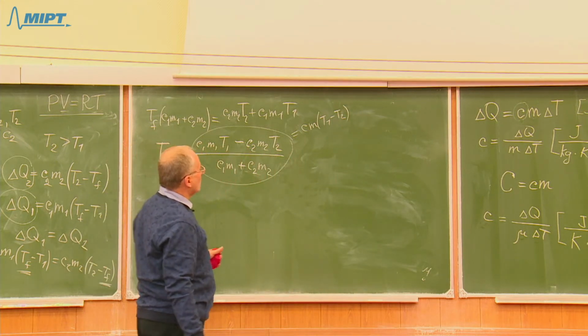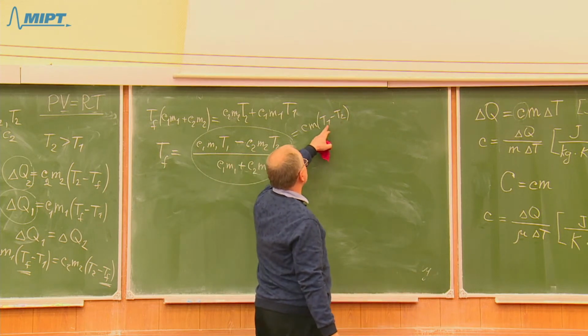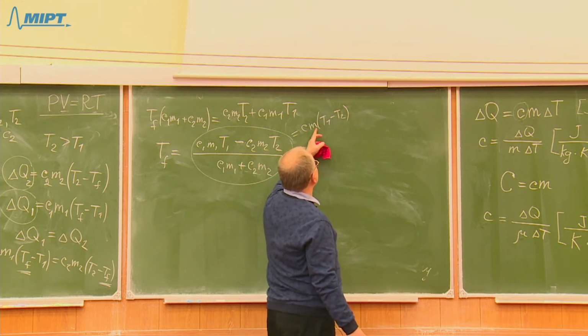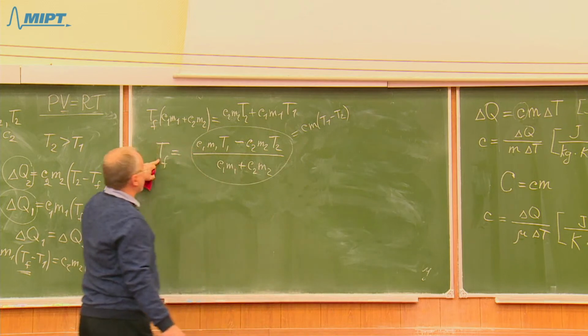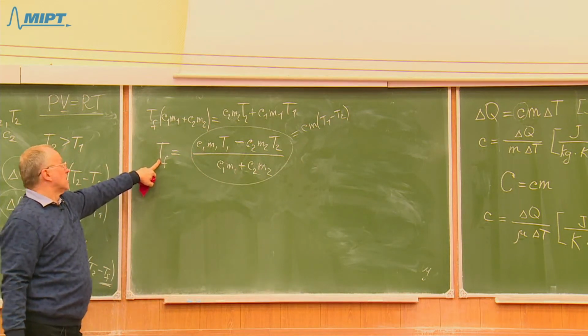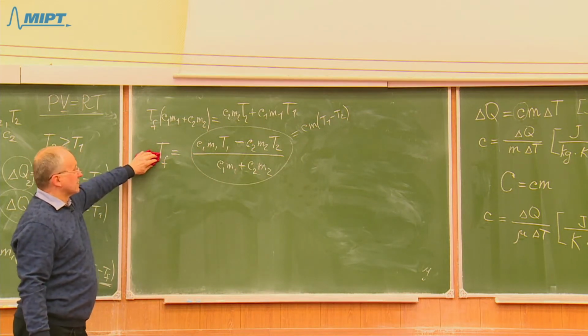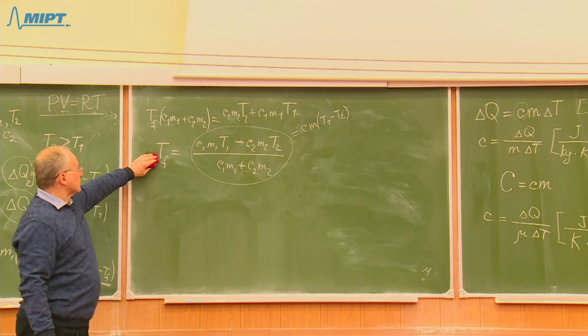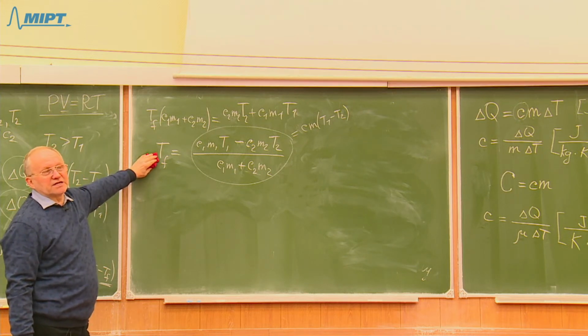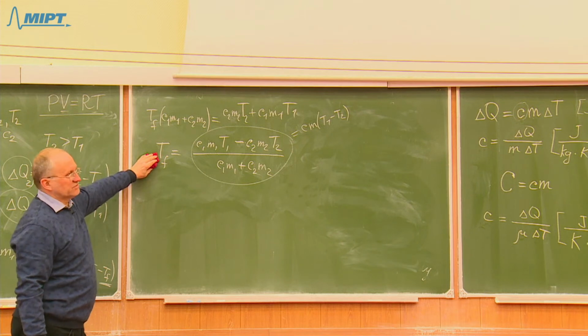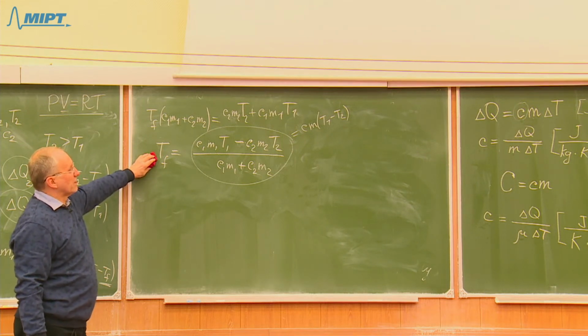And suppose that T2 is larger than T1, then this expression will be negative, and we will obtain for the final temperature a negative number. But this is temperature in kelvins. In kelvins, it cannot be negative. It must be positive, always above zero, always.